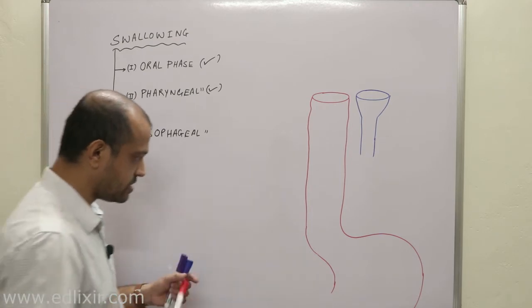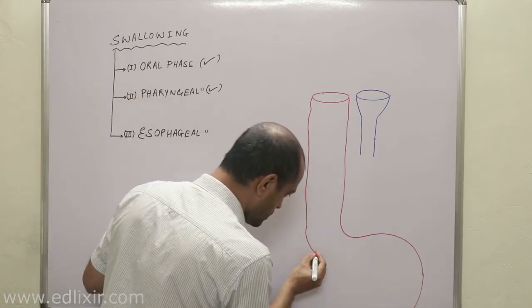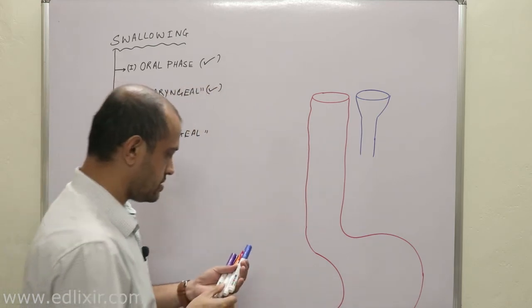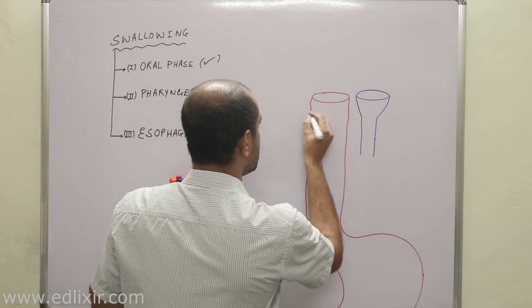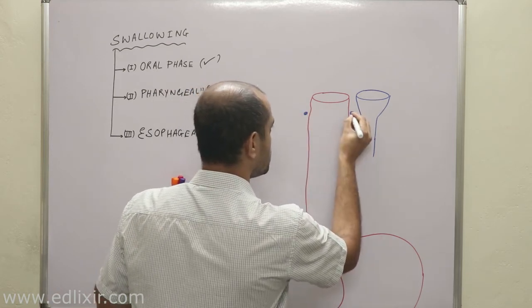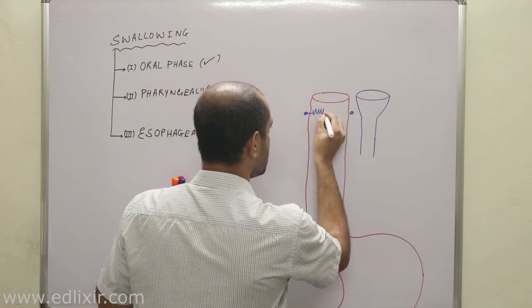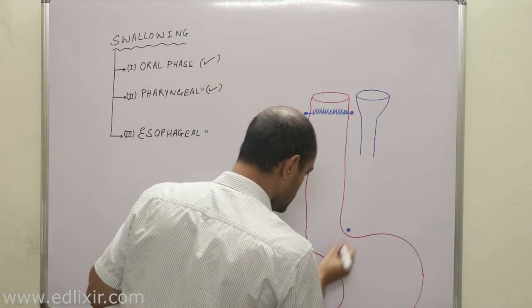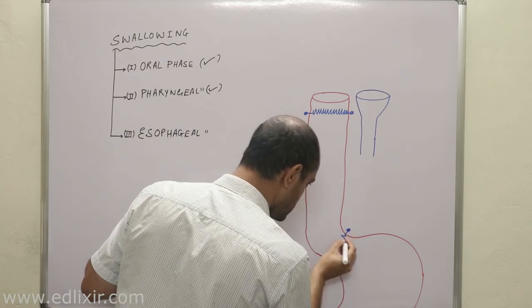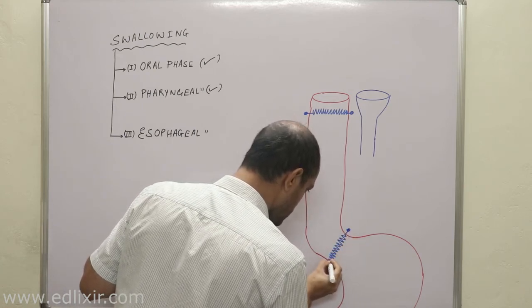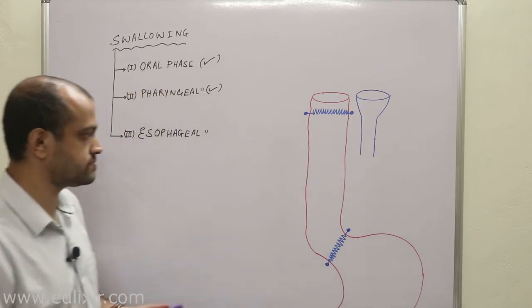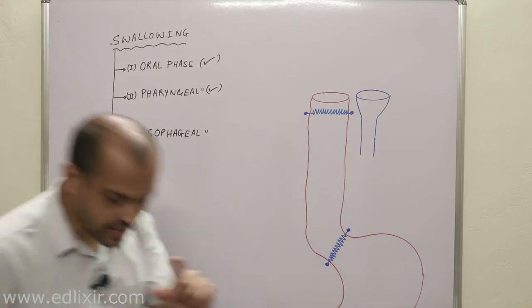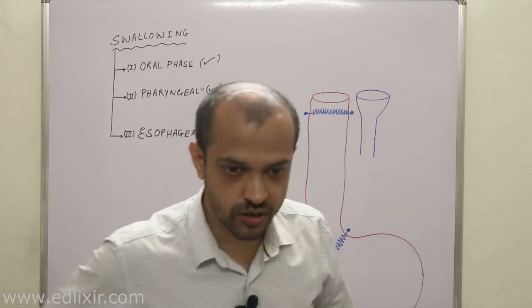A very important point you need to understand here is that the entry point and exit point of the esophagus are guided by a specialized arrangement of muscles which are called sphincters.